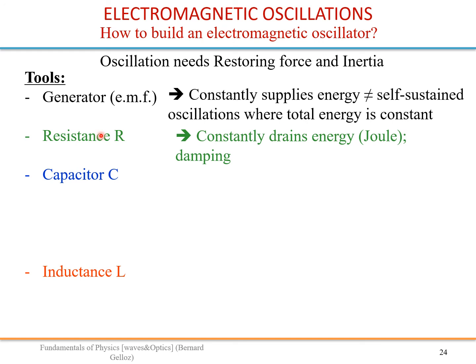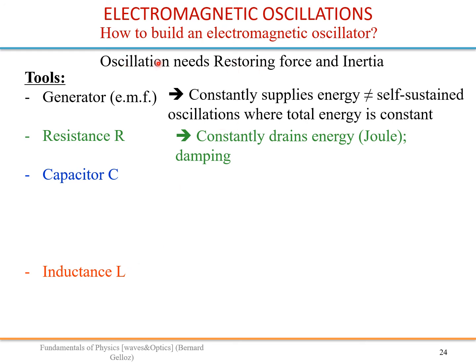So it drains energy from the system. This corresponds to damping in a mechanical oscillator. So we don't want that, because again we want a nice simple oscillator with constant energy. We don't want a drain to lose energy in our system, no damping. Okay, already we have two left, so that should do it.